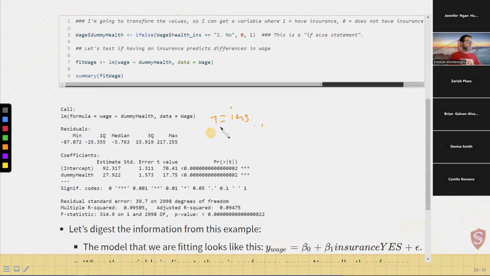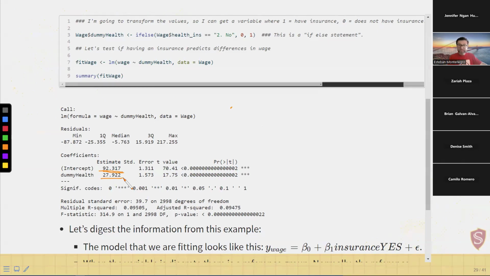When you do this type of regression, when you add this type of predictor that is binary, now the intercept is the mean of group zero. So in this case, this is the average wage for people who don't have insurance, right?